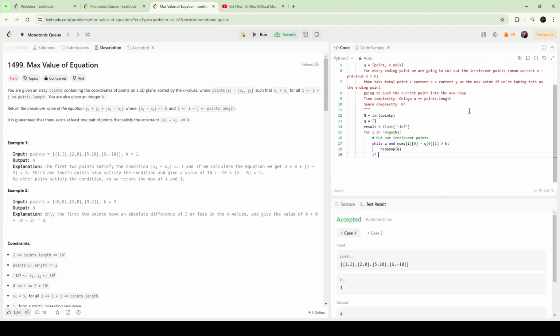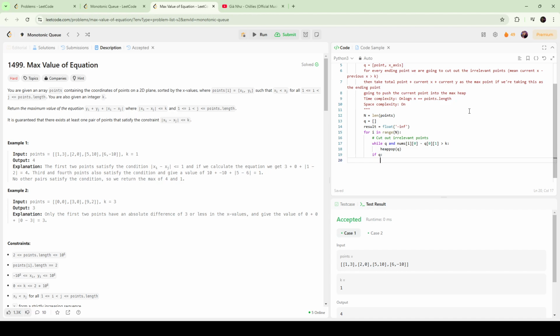In case there's anything in the queue, the first value in the queue should be the one that yields us the most value of point.